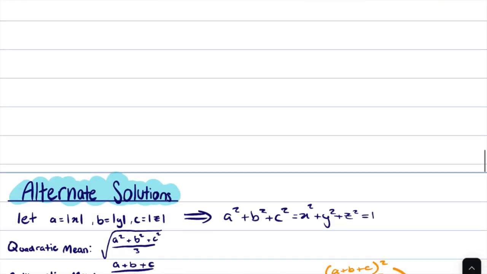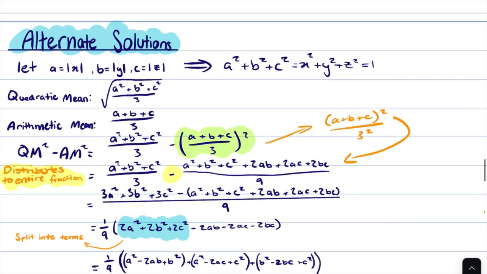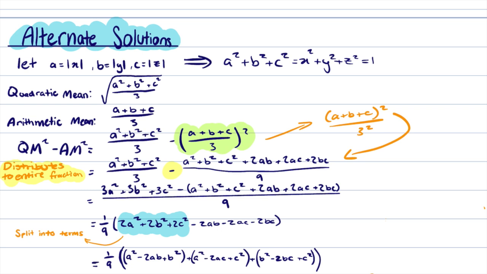Looking at an alternate solution, we can consider the quadratic mean and arithmetic mean of the values. If we let A equal the magnitude of X, B equal to the magnitude of Y, and C equal to the magnitude of Z, all for simplicity reasons, we can see that A squared plus B squared plus C squared is equal to 1, and therefore X squared plus Y squared plus Z squared is also equal to 1, as it is on the unit sphere as previously discussed.